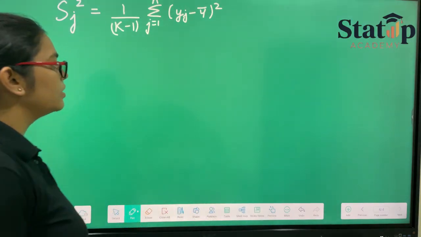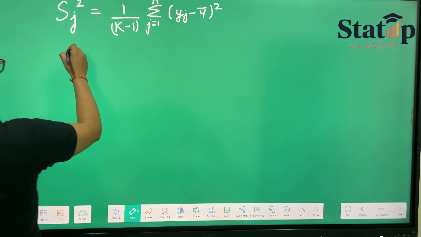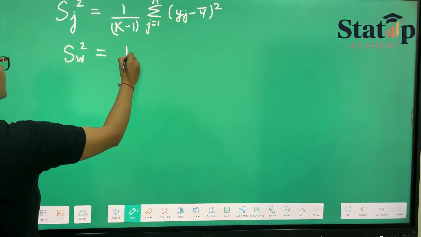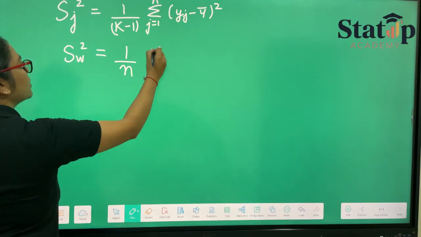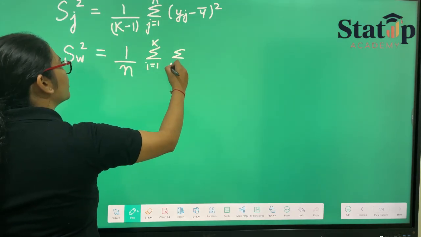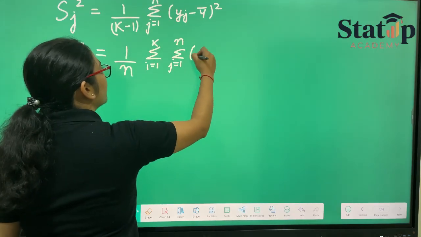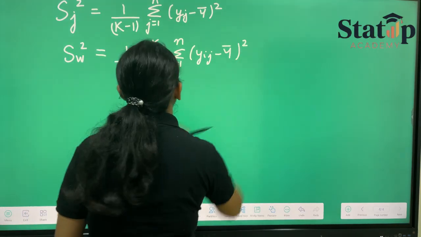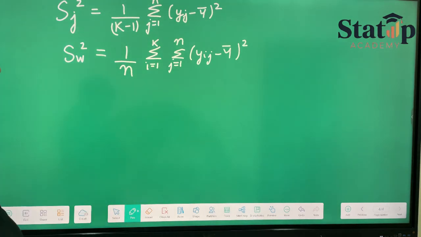This is s j square, and s w square is nothing but 1 upon n summation i goes from 1 to k, summation j goes from 1 to n, y i j minus y bar whole square. This is s w square.